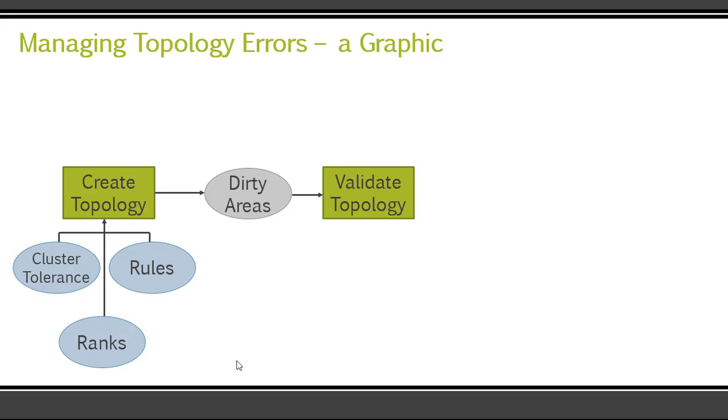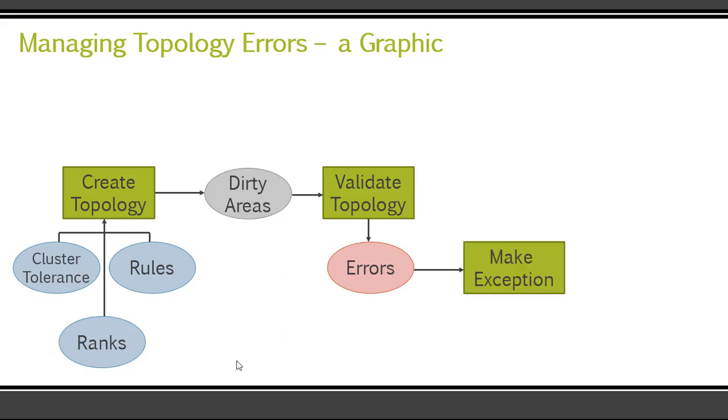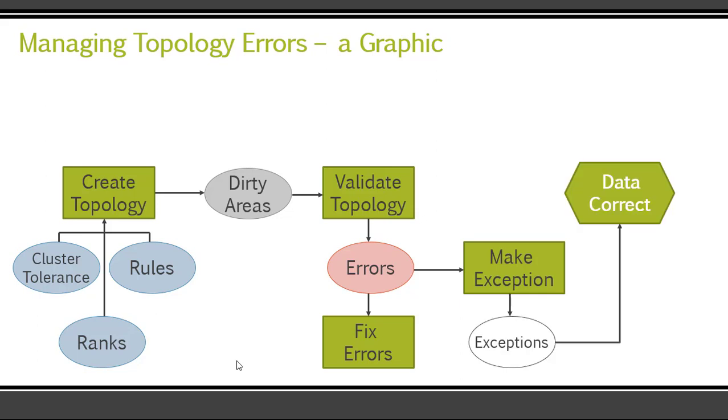So when we validate our topology, we might end up with errors. All right, if we end up with errors, one workflow is to mark them as an exception. Another is to go through a process of fixing those errors. If we mark them as exceptions, those exceptions just live in our topology, they live in our geodatabase, and we just make the assumption that our data then is in a status of correct or some state that we're okay with.